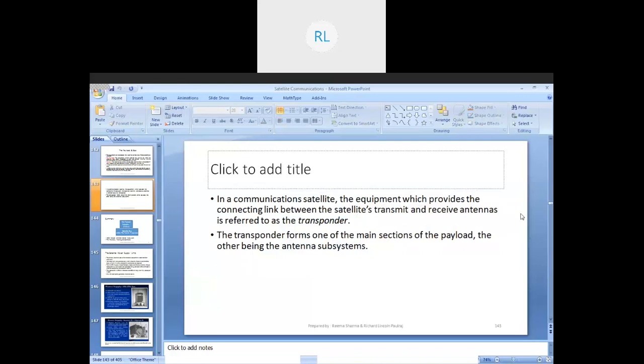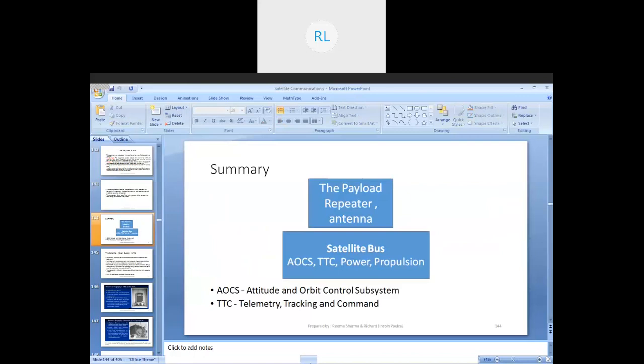Also, you can see here the transponder forms one of the main sections of the payload, along with the antenna subsystems. This is one of the major things you can see with regards to a satellite.